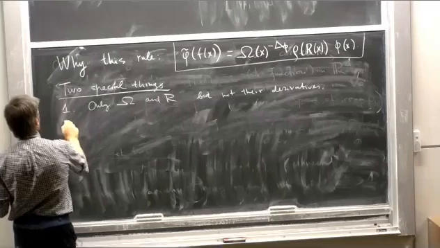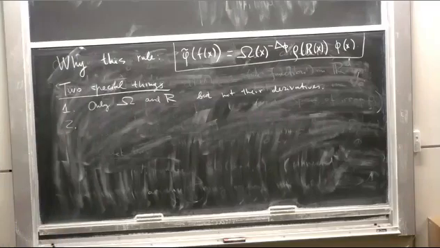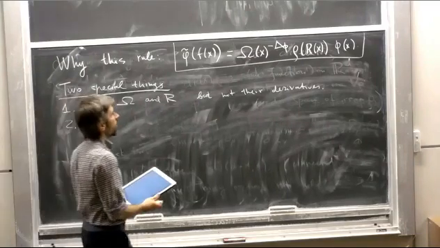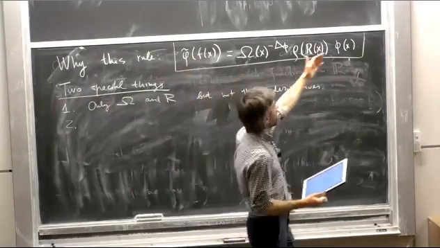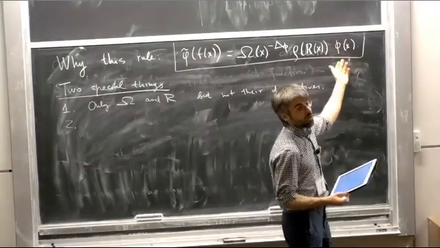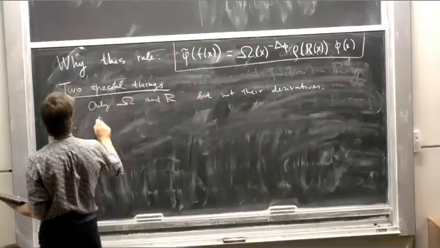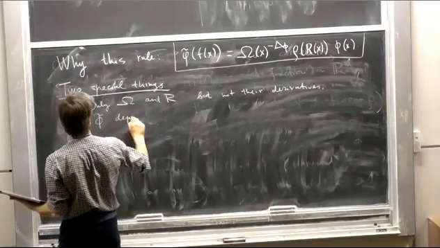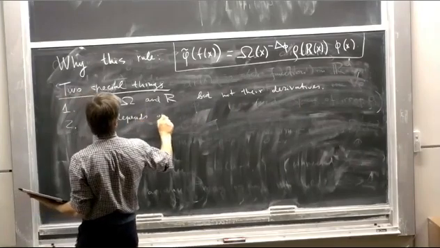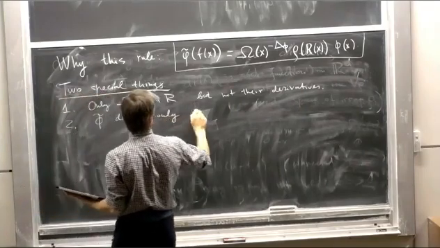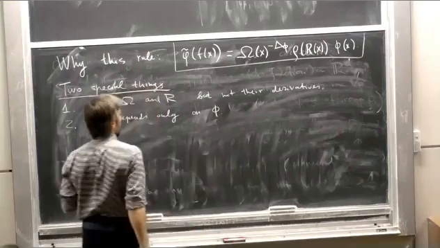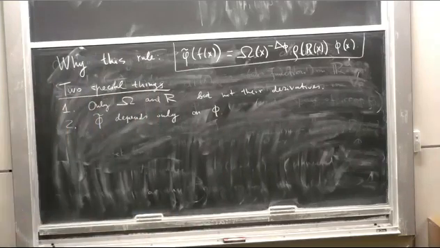And the second thing, which is actually related to the first, is that in the right-hand side, phi tilde only depends on phi, but it does not depend on any other fields. Now you can think, how else could this be?